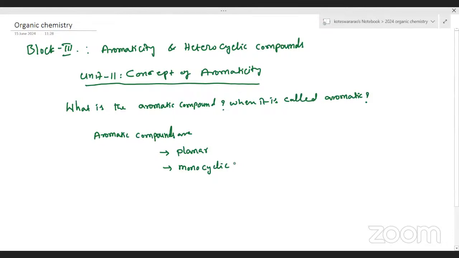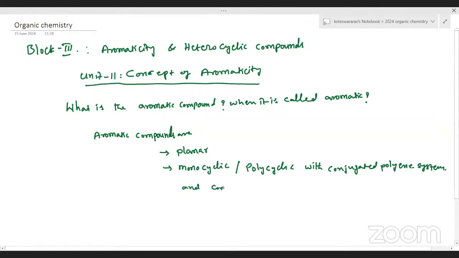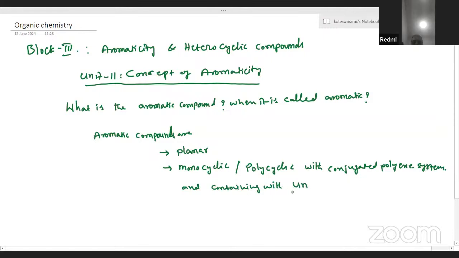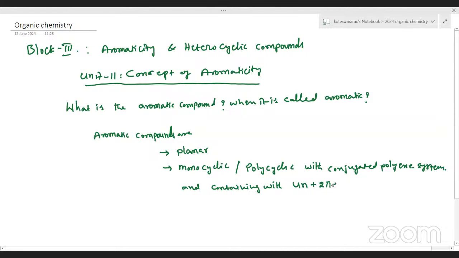Monocyclic or polycyclic. These cyclic compounds, monocyclic or polycyclic, with a conjugated polyene system and containing 4n plus 2 pi electrons, are called aromatic compounds.